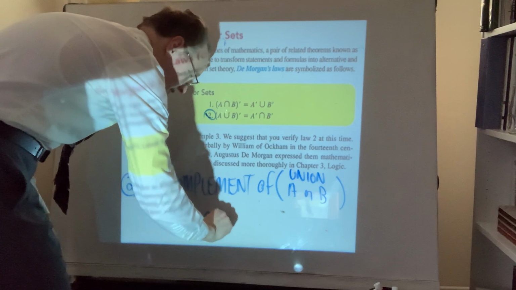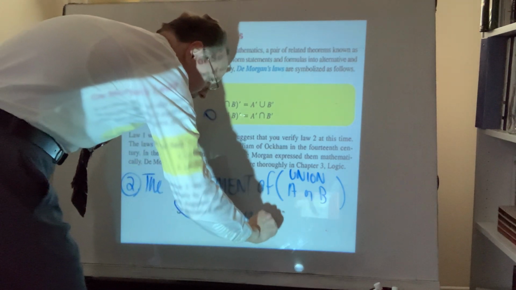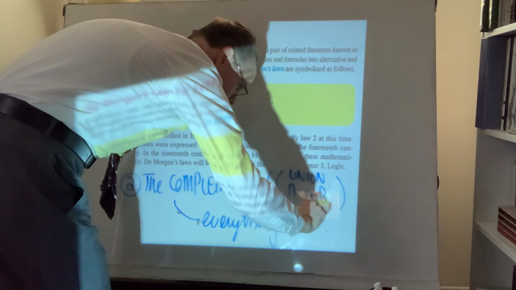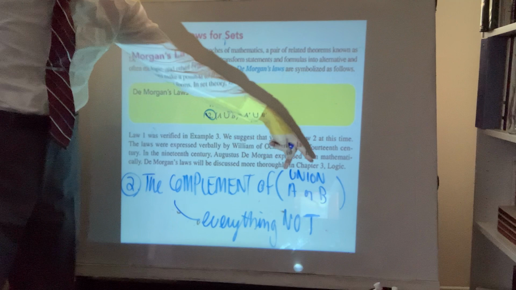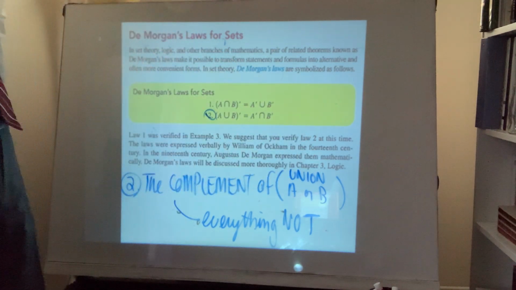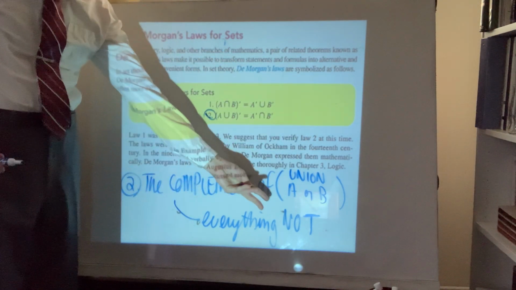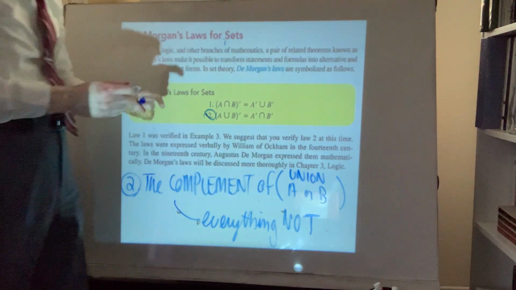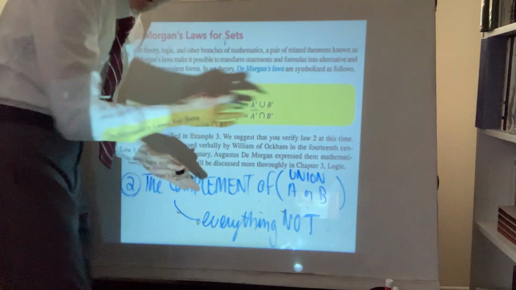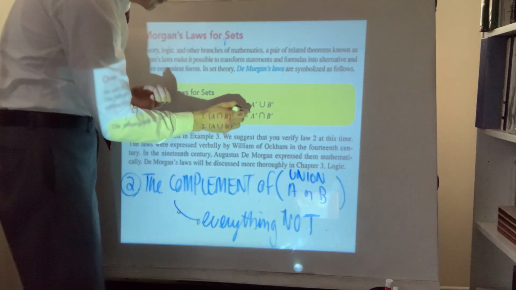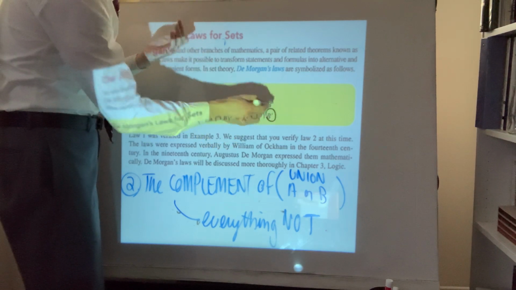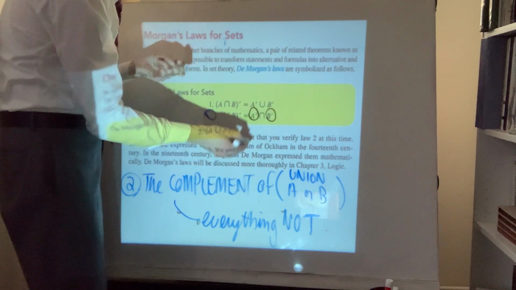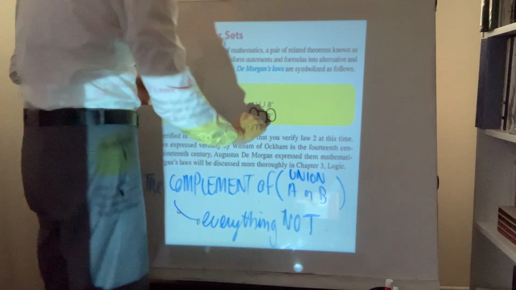It means everything not in that condition. Complements are looking for not. So you would figure out what is the union of A, B, and then figure out everything that is not that. And if that is confusing, which is understandable, the alternative approach is that you could figure out things that are not A, the complement of A, and things that are not B, the complement of B, and then figure out their intersection in this case.